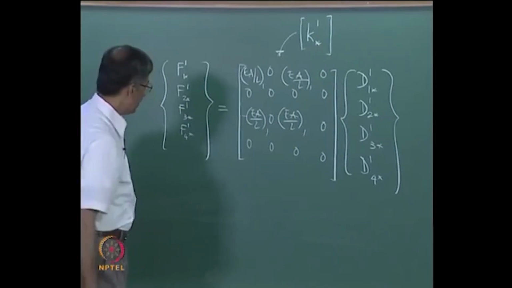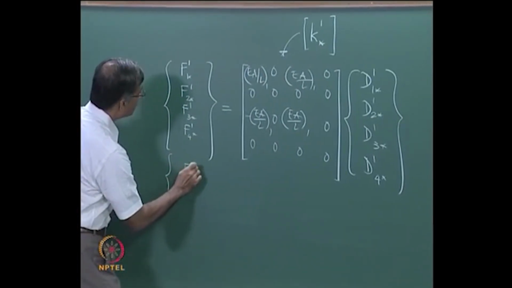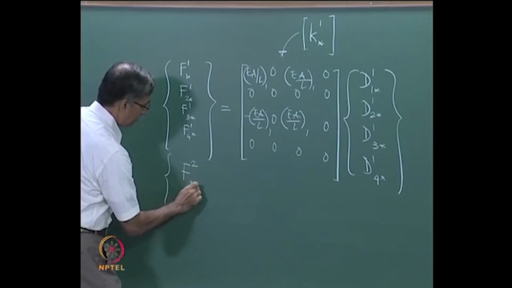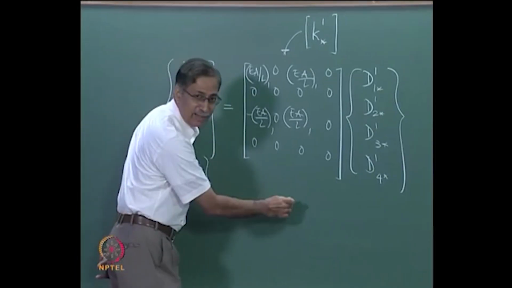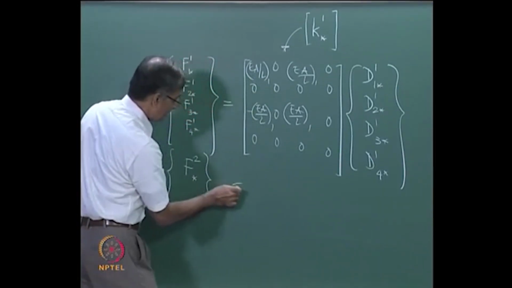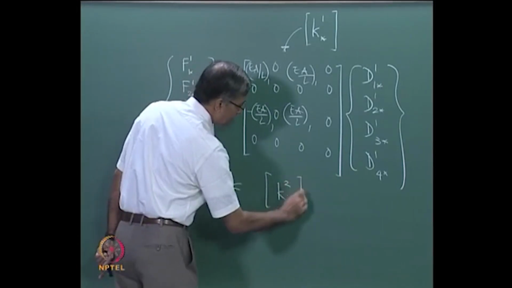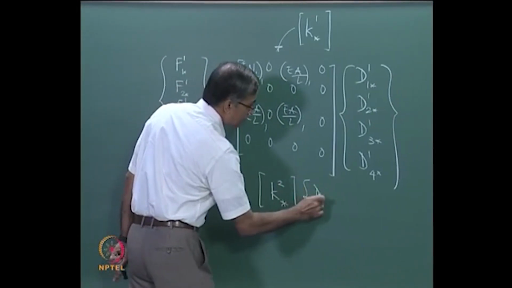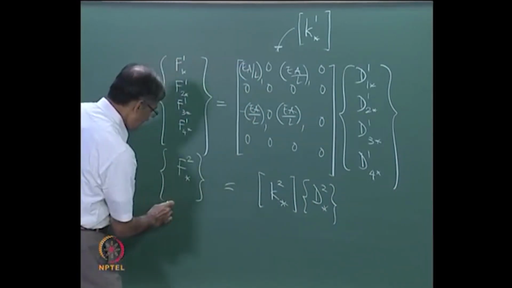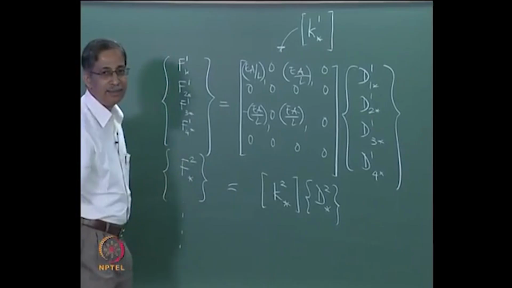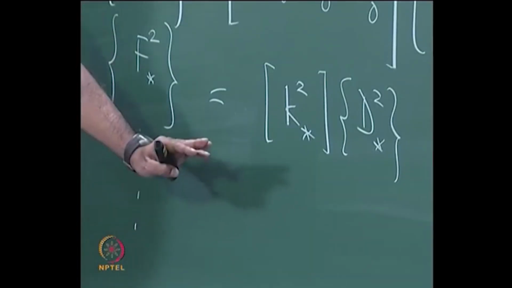Right? Now if I take the next one, which I'll put as F2 star, I get another one like that, right, is equal to K2 star into D2 star. Does this make sense to you? Similarly, let us say there are m elements, I can write these matrices, right?